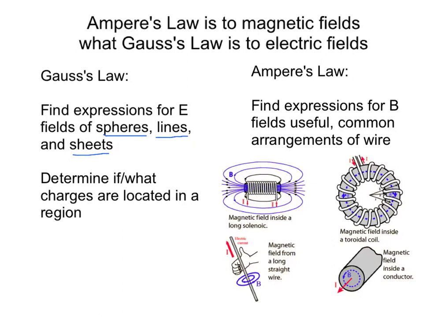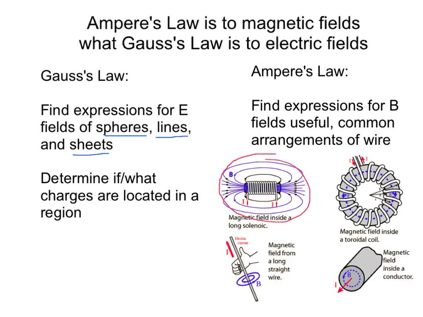Now in the case of Ampere's Law, we're going to use it to find expressions for the magnetic field produced by arrangements that maybe you're not familiar with yet, but that we'll be using somewhat commonly. The main one is the solenoid. We'll be dealing with those in the laboratory.